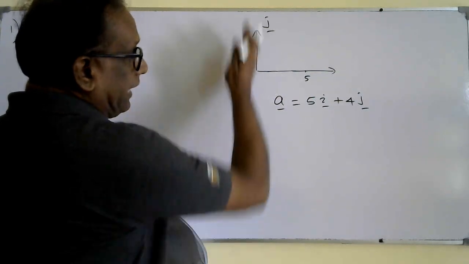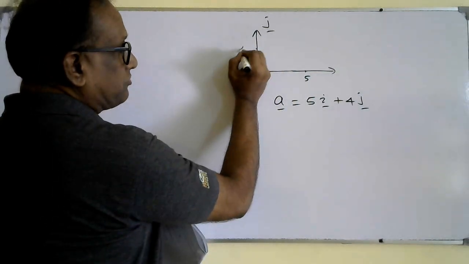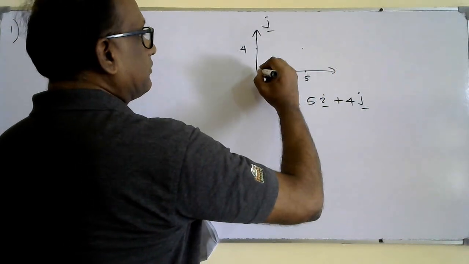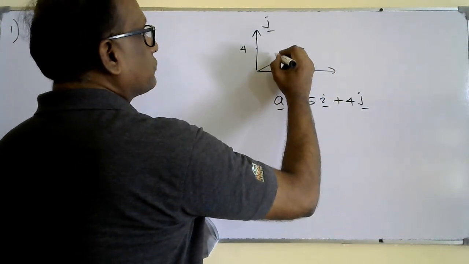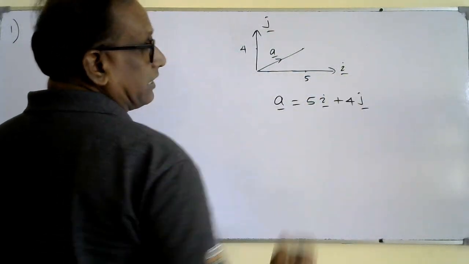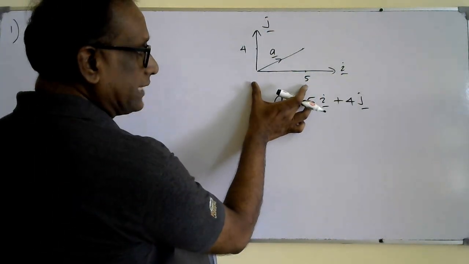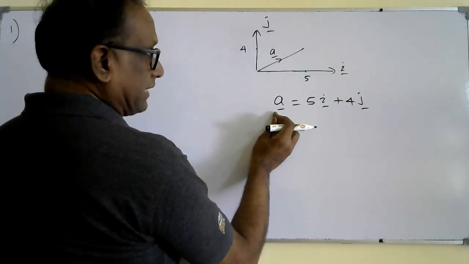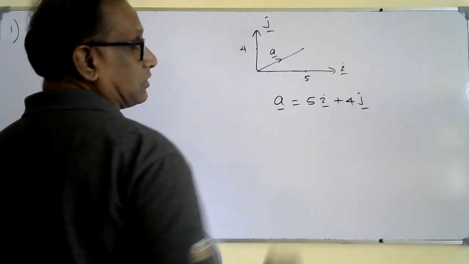Along the j direction, its magnitude is 4. So 5i plus 4j means this is the given vector. Along the i direction, that is 5 units, and along the j direction, it is 4 units. So this is the actual vector A.